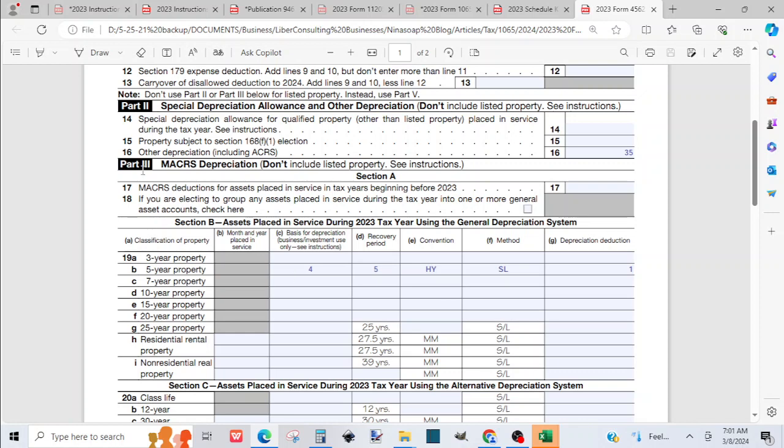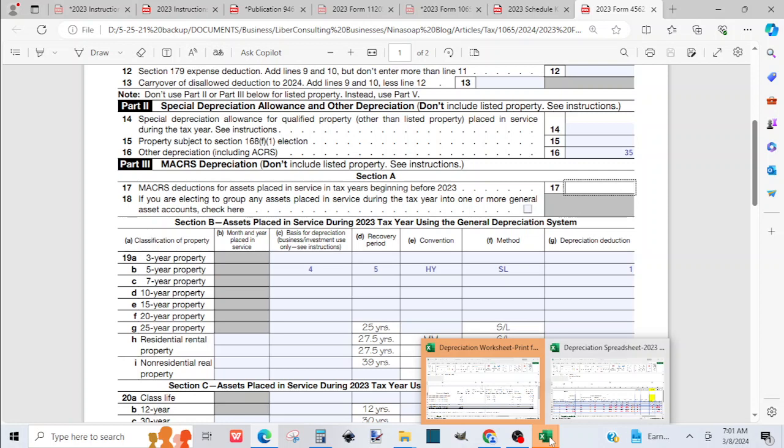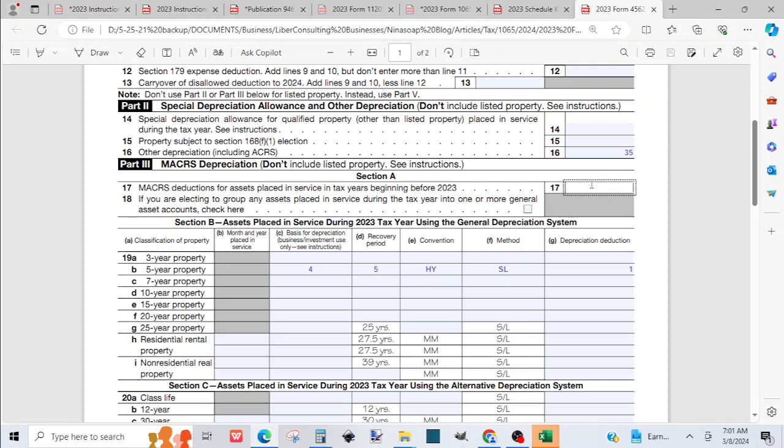We have part 3, line 17 for the depreciation deduction for asset placed in service in prior tax year. Line 17. So if your business is new, started in 2023 or so, for the start of the year you are filing for, then you won't have anything for line 17. But if your business is not new and you have asset placed in service prior year that you have been depreciating, it will go on line 17.